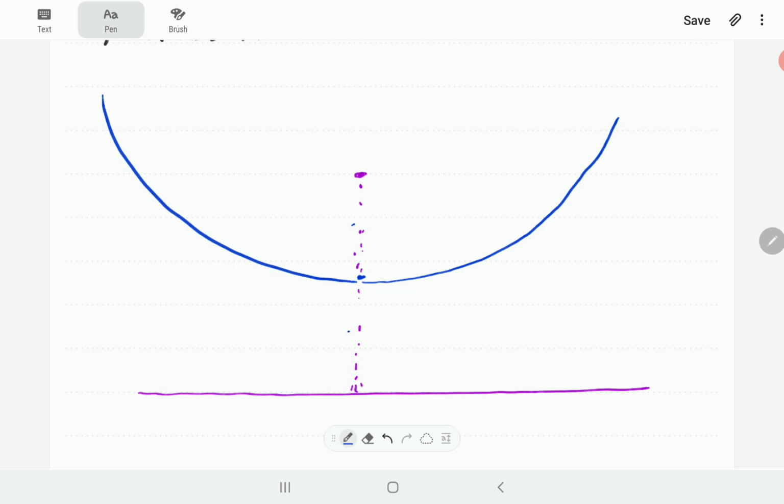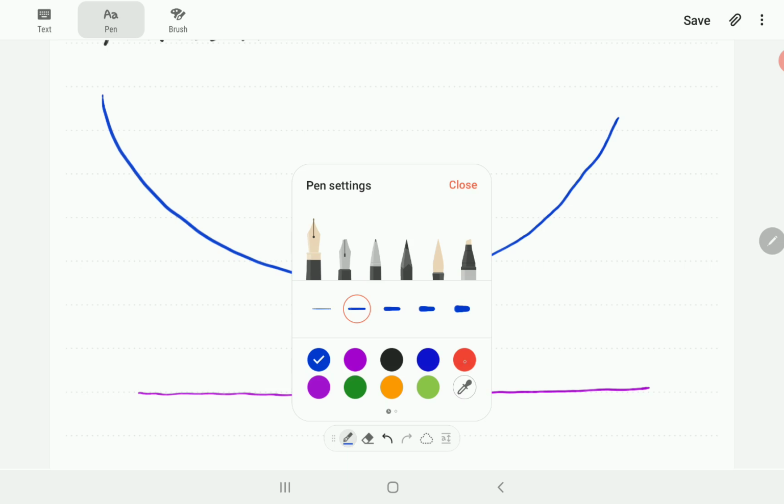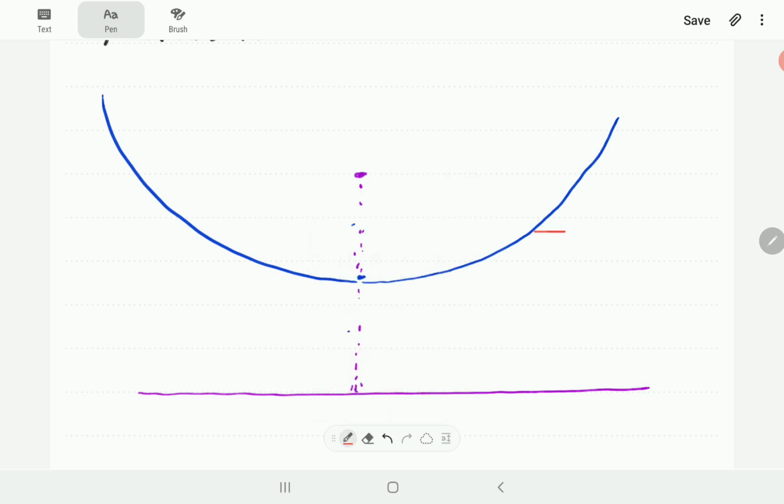So at all points here, this distance must be equal to that distance there. Then you have a parabola.